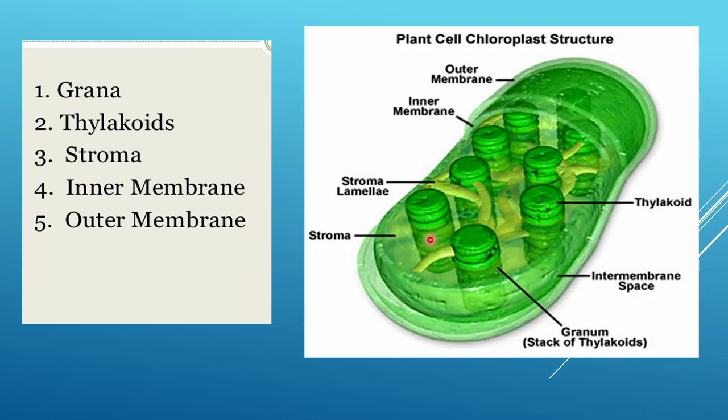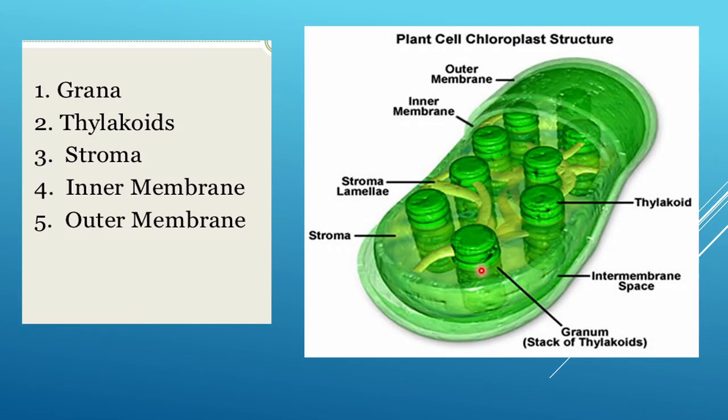Thylakoids are the main sunlight absorbing structures. These contain an abundance of chlorophyll. The stacks of thylakoids together are known as the grana. The grana are interconnected with the help of stroma lamellae.